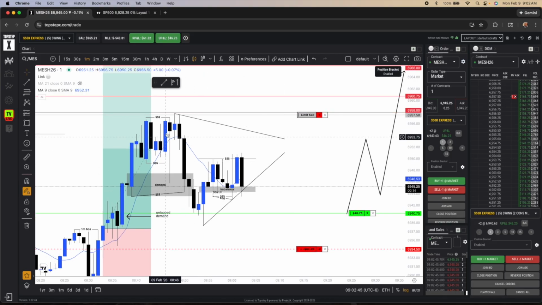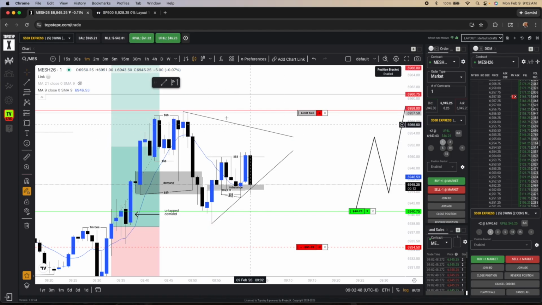I expected some form of consolidation. That's why I have this triangular top and bottom.